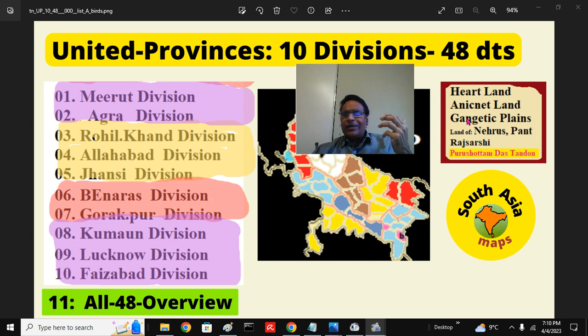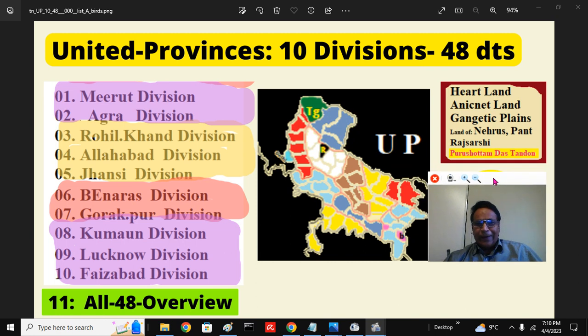It is the Gangetic plains, the Ganga Maidan of the Indo-Gangetic plains from Karachi to Chittagong, that falls in the center. It is the land of the Nehrus and Govind Vallabh Pant, and also Rajarshi Purushottam Das Tandon, a great nationalist leader.